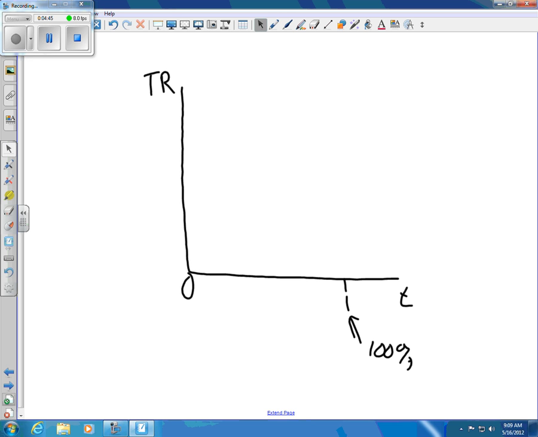If the tax rate is 0, then by definition you collect no tax revenue from it. We can also be pretty certain that if the tax rate is 100%, nobody's going to bother working because you don't keep anything. And so what we have is something that looks like this, that tax revenue is some function of the tax rate.